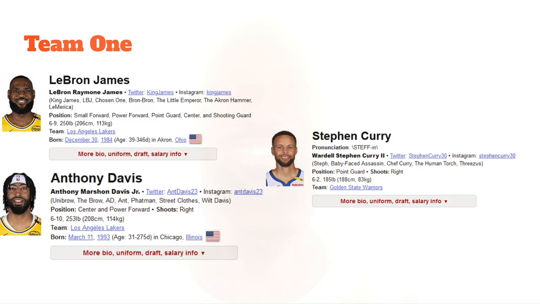And so we have the 6'9", 250 pounds LeBron James. What we do is we take the 6'9" and convert that to inches. So that would be 81 inches, I believe. Yeah, 81 inches. And then same stuff for Stephen Curry, Anthony Davis.